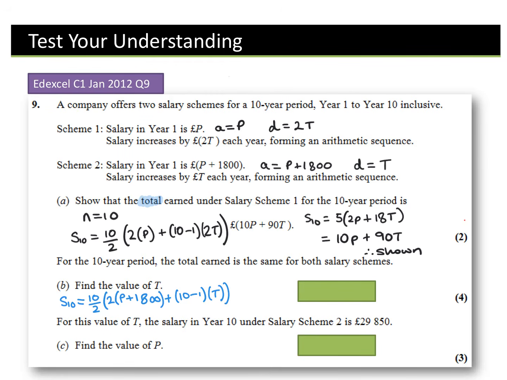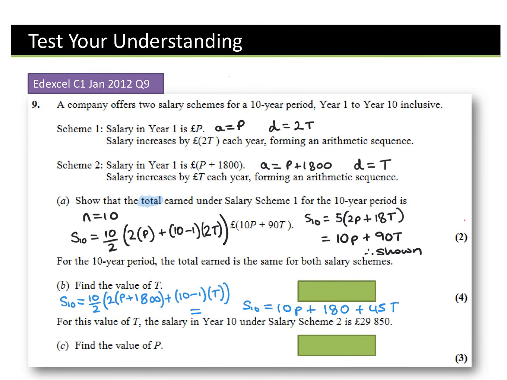Now, when I expand and simplify this, I get S10 equals 10p plus 18,000 plus 45t. Now I can put these equal to each other because we know that the sums are the same.